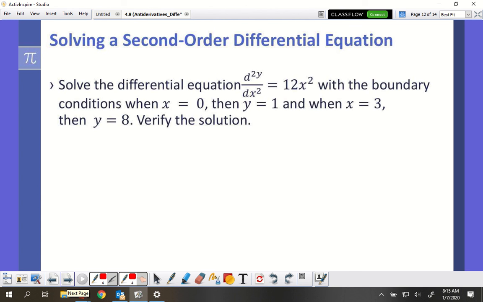Solve the differential equation for this with the boundary conditions: when x equals 0, y equals 1, and when x is 3, y equals 8. Verify the solution. So that means that this is a second derivative. We're going to find the initial condition c, then find it again after I do my second antiderivative to get to my position.